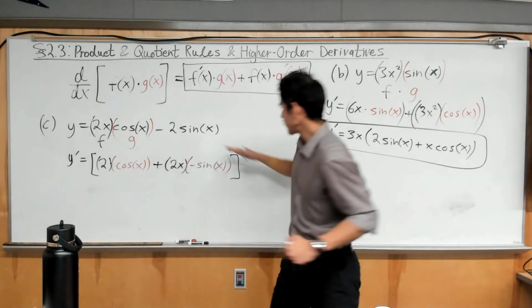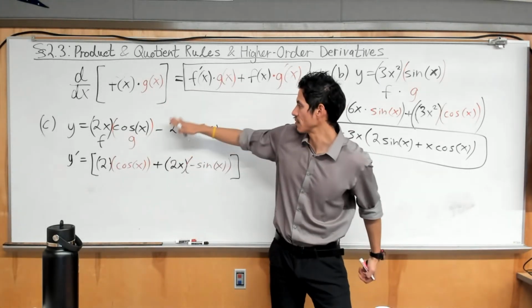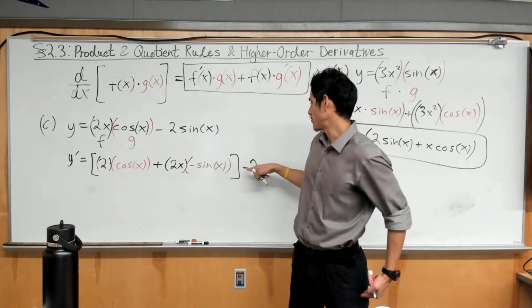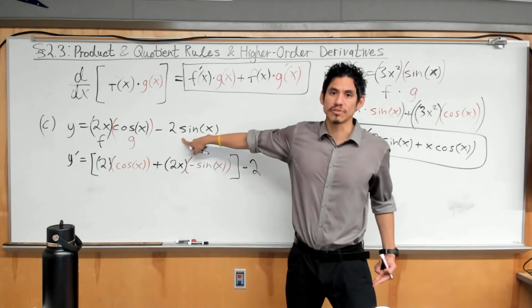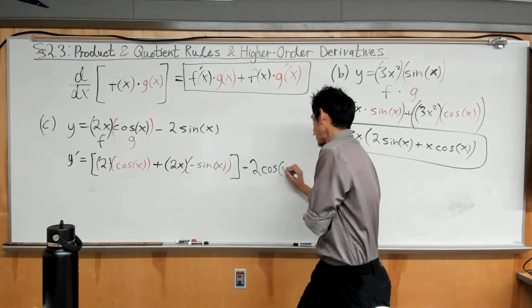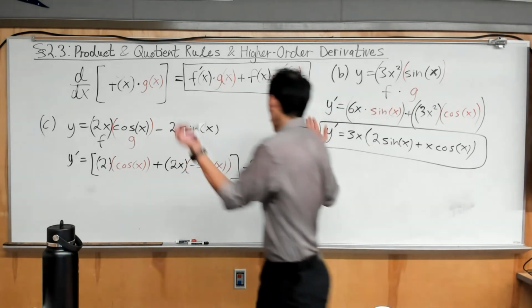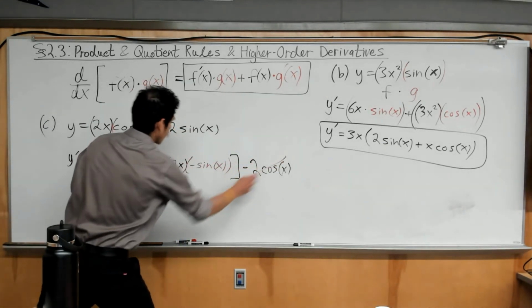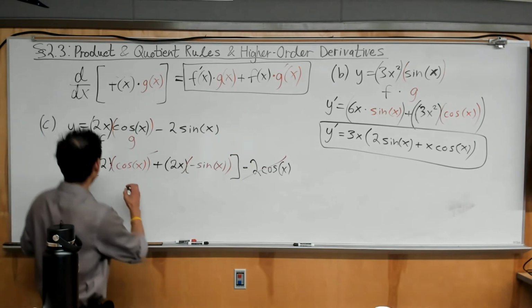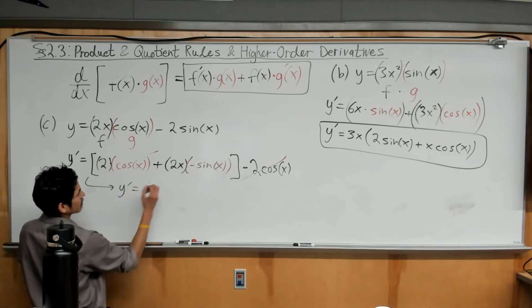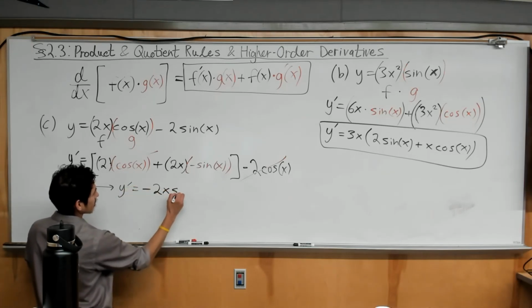Now from here, you just take the derivative on its own. Subtracting 2 times the derivative of sine of x, which is the cosine of x. And then you can just combine these. Oh, these cancel. And you're left with y prime equals negative 2x sine of x.